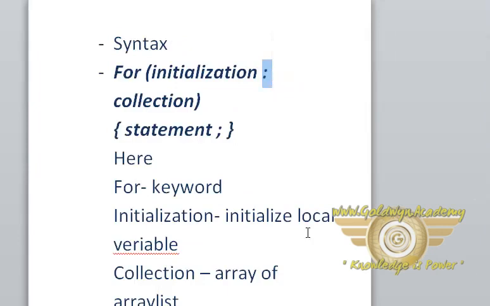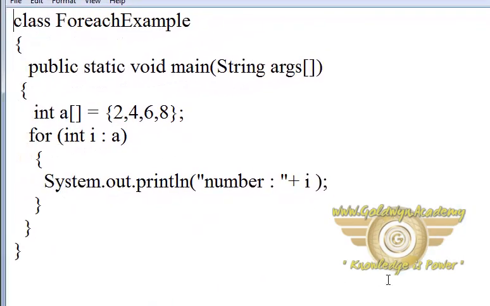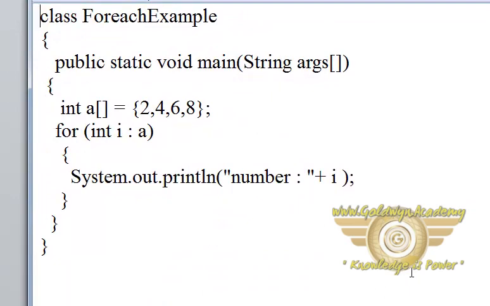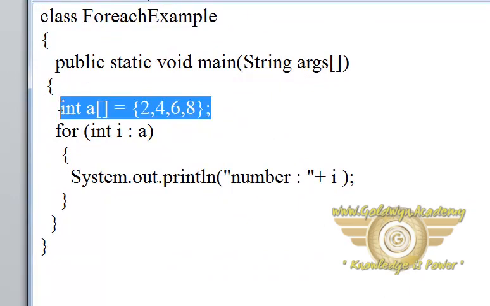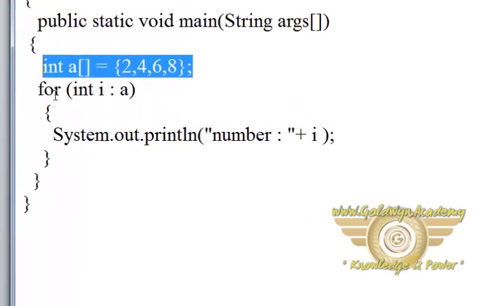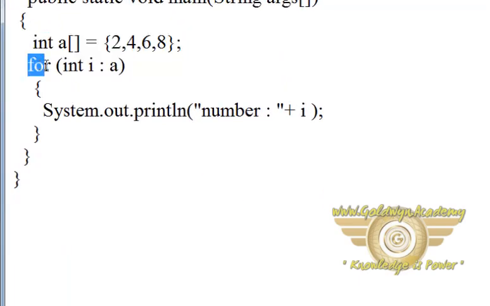Let's take a look at the example to clear your idea about the for each loop. This is the example of for each loop. In this example, this is the array A. Now here the for loop begins. This is the initialization process.